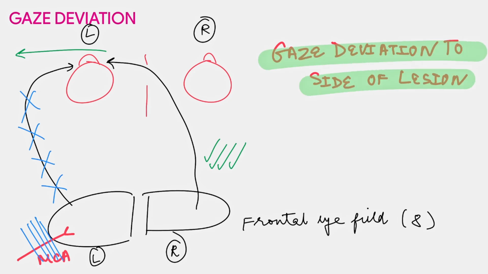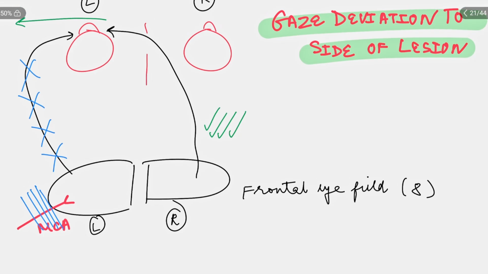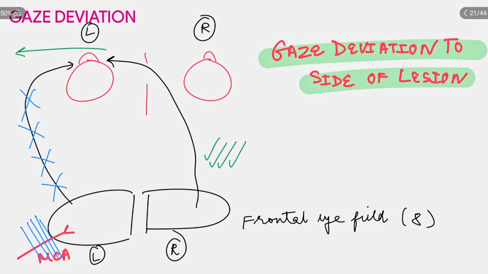This is the most important part. So now we have learned so many things about MCA stroke. Let's assume the patient has a left MCA stroke. The patient could have Gerstmann syndrome with the classic tetrad, which is acalculia, agraphia, finger agnosia, and left-right disorientation. The patient can have aphasia also. On top of that, the patient will have right-sided visual field defects.